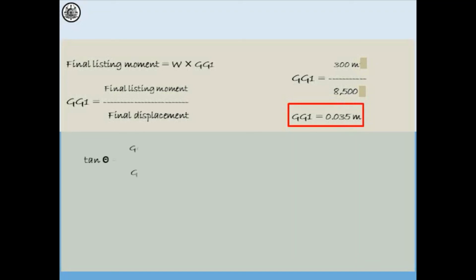The formula for solving the final list is tangent theta is equal to GG1 divided by GM. Distribute the values. Tangent theta is equal to 0.035 meter divided by 1.35 meters. The result is tangent theta is equal to 0.0259.